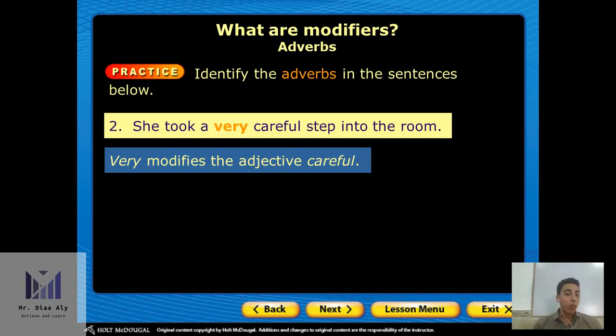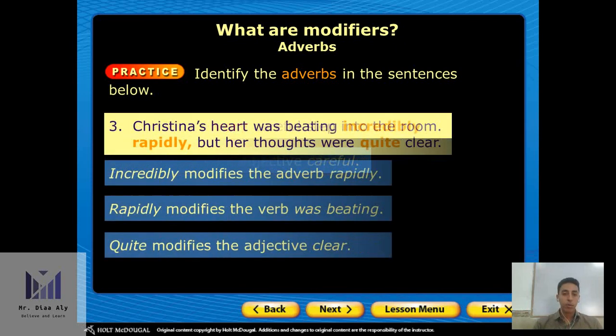No, careful is a what? Yes, excellent, I hear you, you said adjective. Why is it an adjective? Because it's describing step. Which step? A careful step. Careful is an adjective. When we have a word describing an adjective, it's called what? Adverb. Yes, well done, amazing, good job.